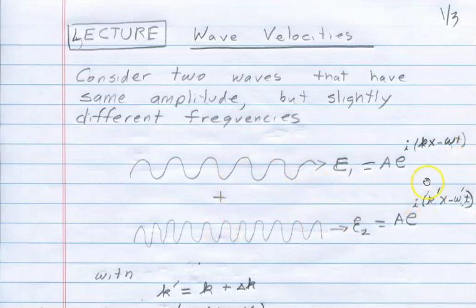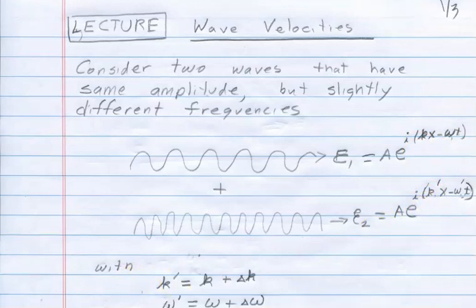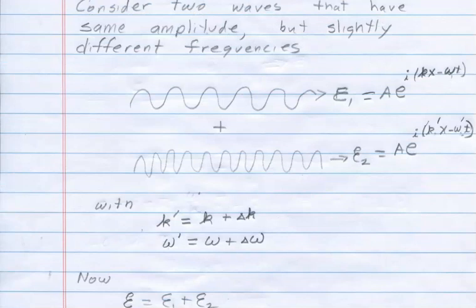We'll just assume that the relationship between k prime and k is this. k prime is equal to k plus delta k, and so the larger wavelength up here gives a smaller k, and the shorter wavelength gives a larger k prime, so there should be an additive difference here.